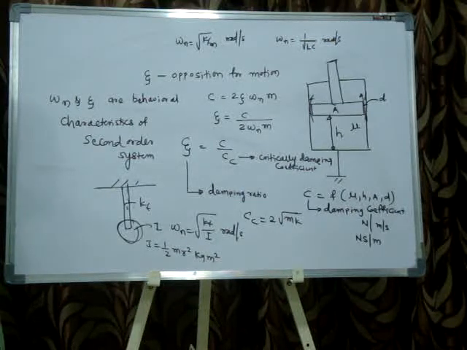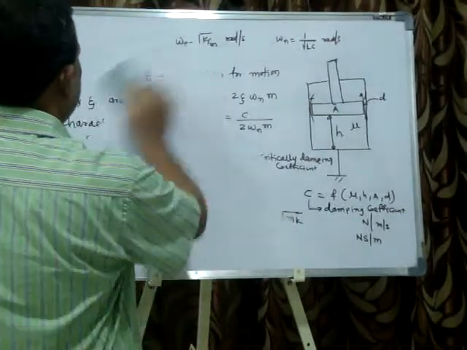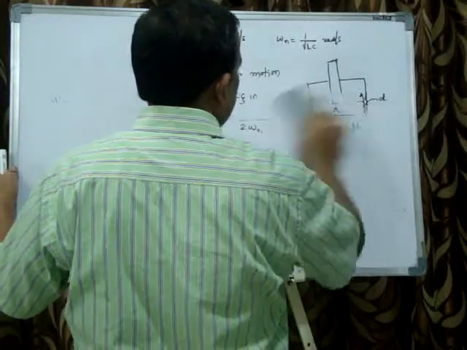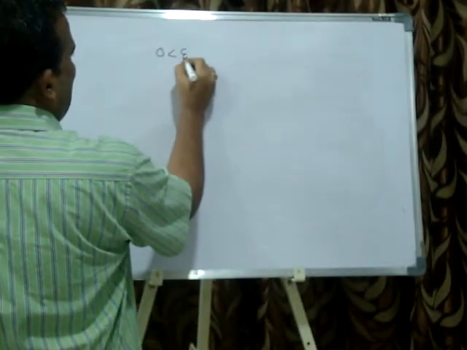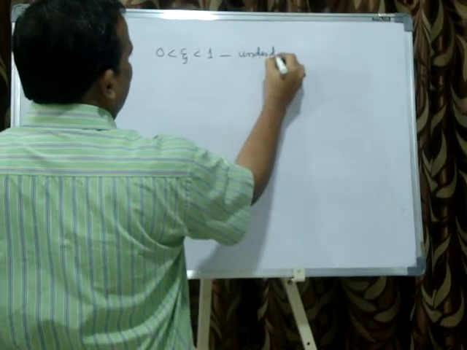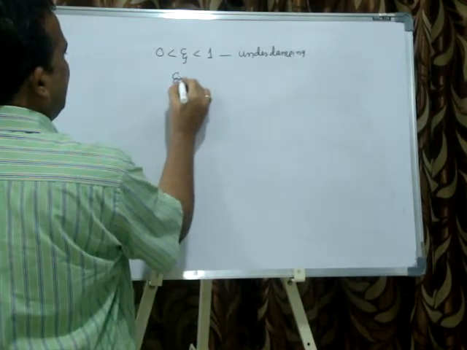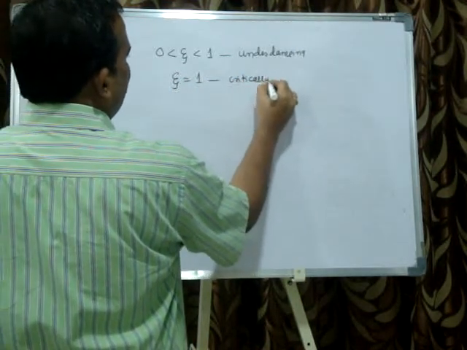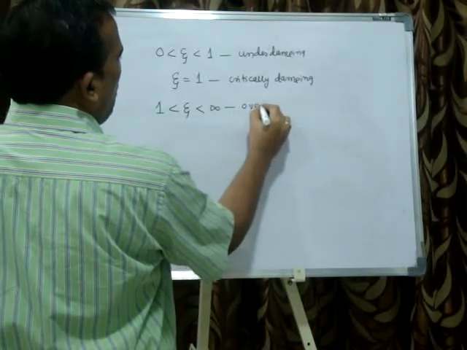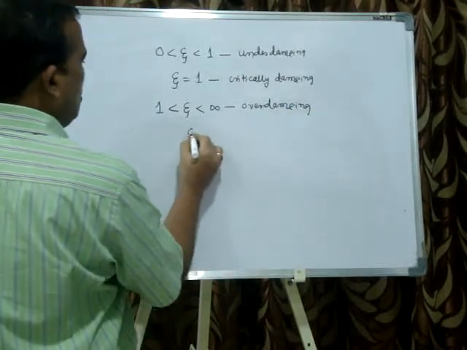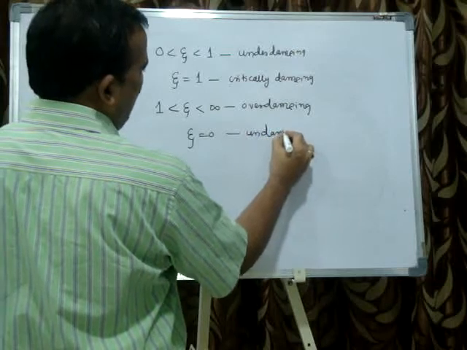When zeta is greater than 0 and less than 1, it is called underdamping. When zeta is equal to 1, it is called critical damping. When zeta is greater than 1 and less than infinity, it is called overdamping. And when zeta is equal to 0, it is called no damping or undamping.